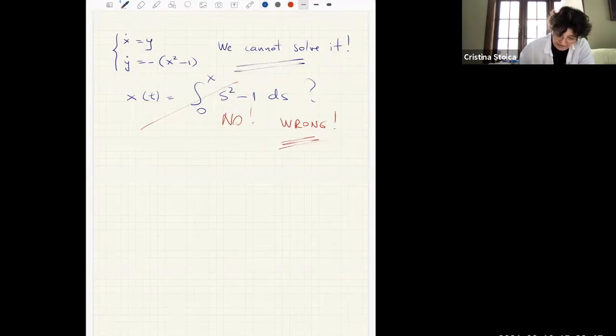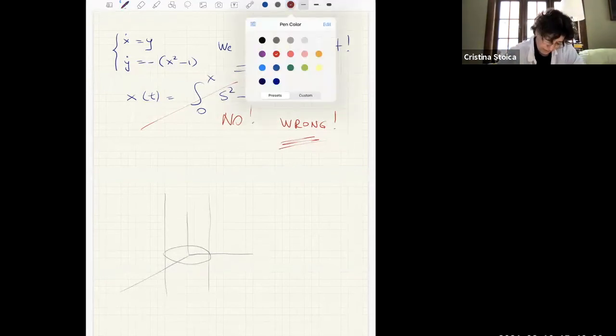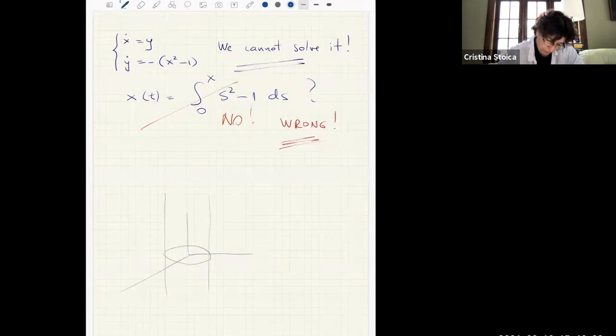It's exactly that behavior in which the trajectories are staying on a cylinder and they're just going up. So, yeah.